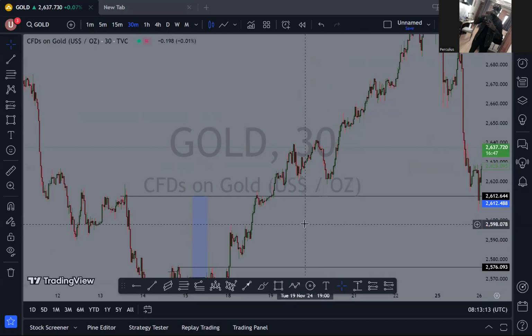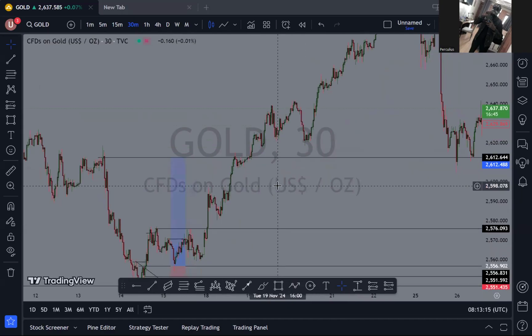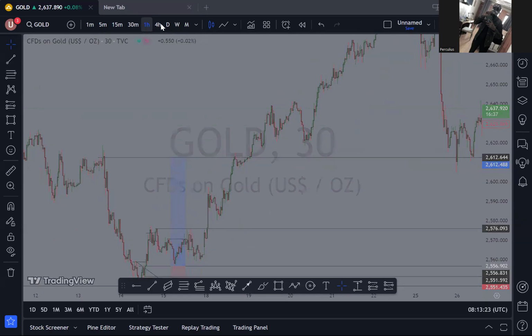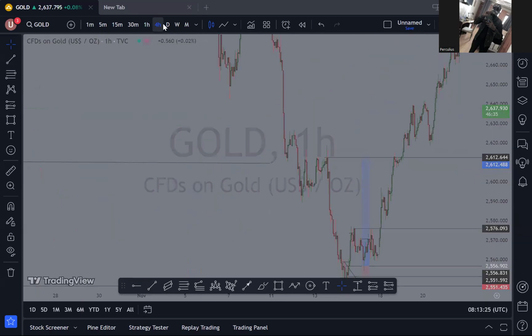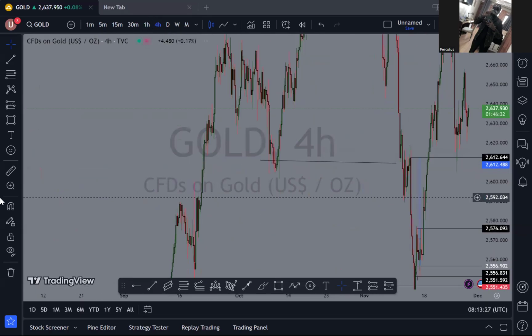Now I know the trend. And so basically what most of us look at, but when price changes character on a higher time frame, because this is I think a 4 hour change of character.